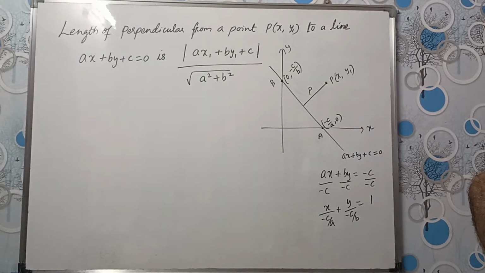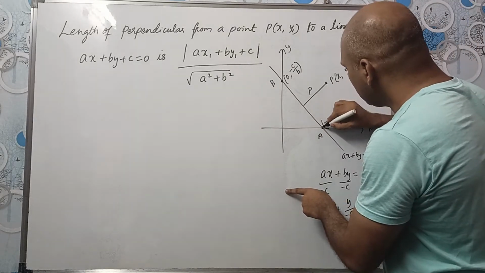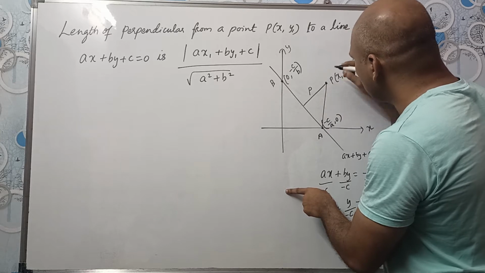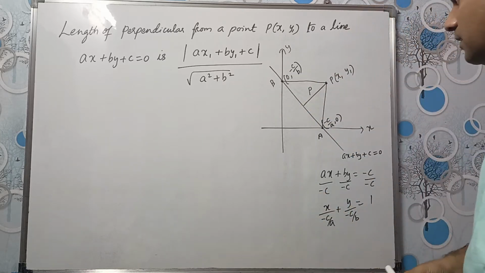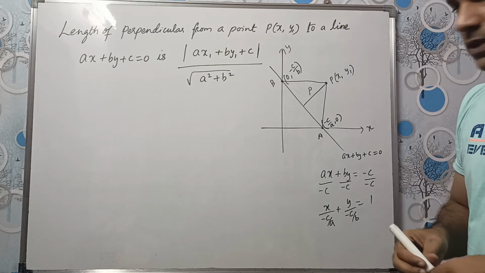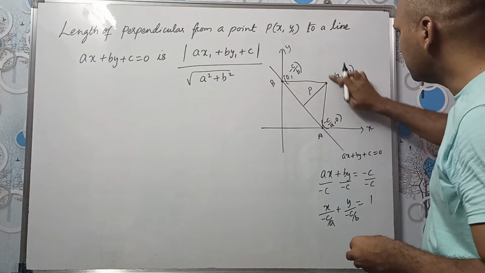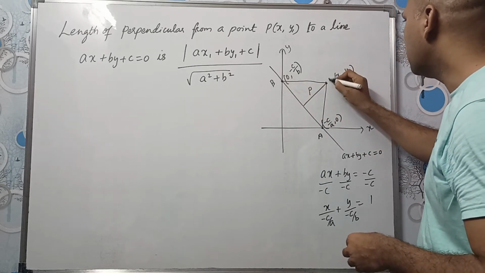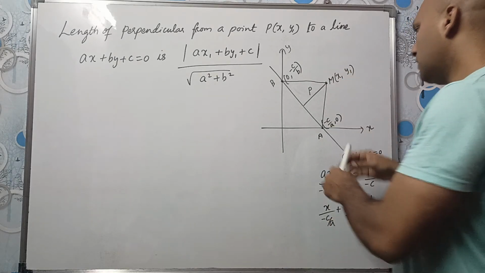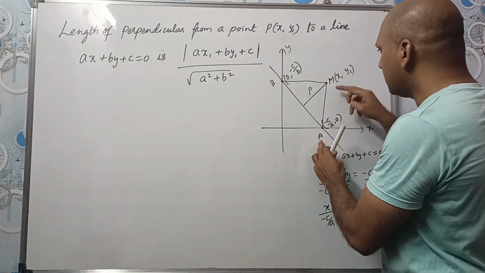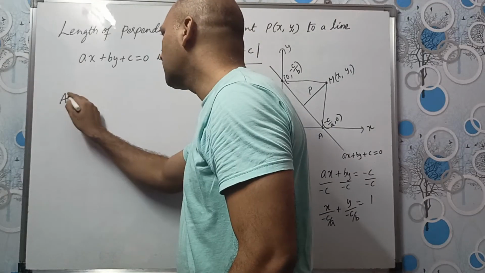Now let us join these 2 points with P, that is P with B and P with A. Here we'll find the area of this triangle. Let me write this point as M, because P and B will get confused. We'll find the area of triangle MAB.